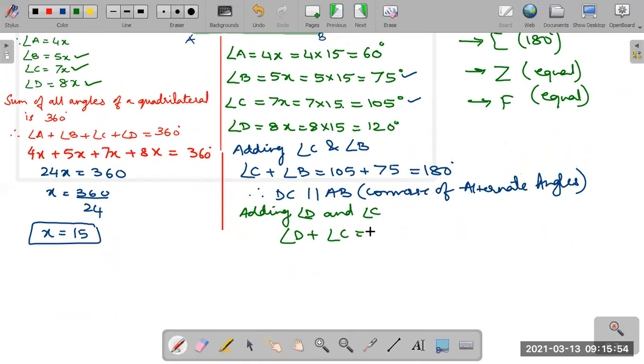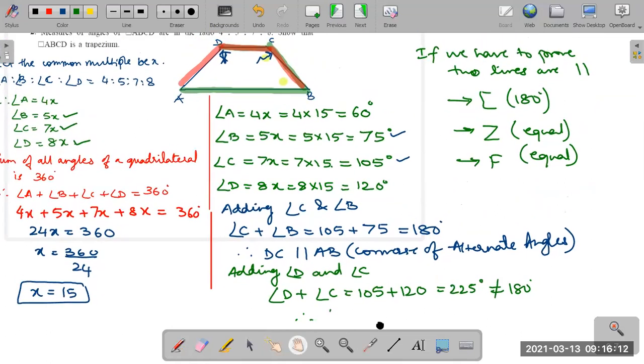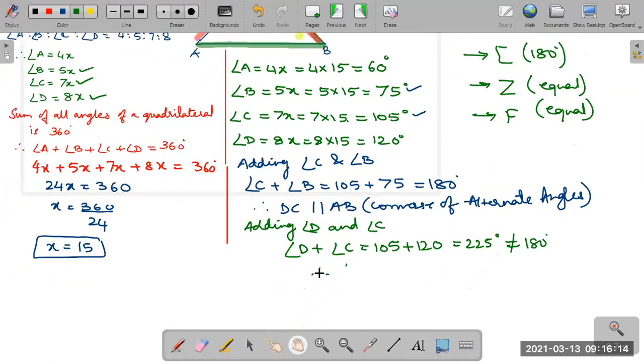One is 105 and other is 120. Adding them, do we get 180? That would be 225 degrees, which is not equal to 180. Therefore we can say those two sides, they are not parallel. Which were those two sides? AD and BC. Therefore AD is not parallel to BC.